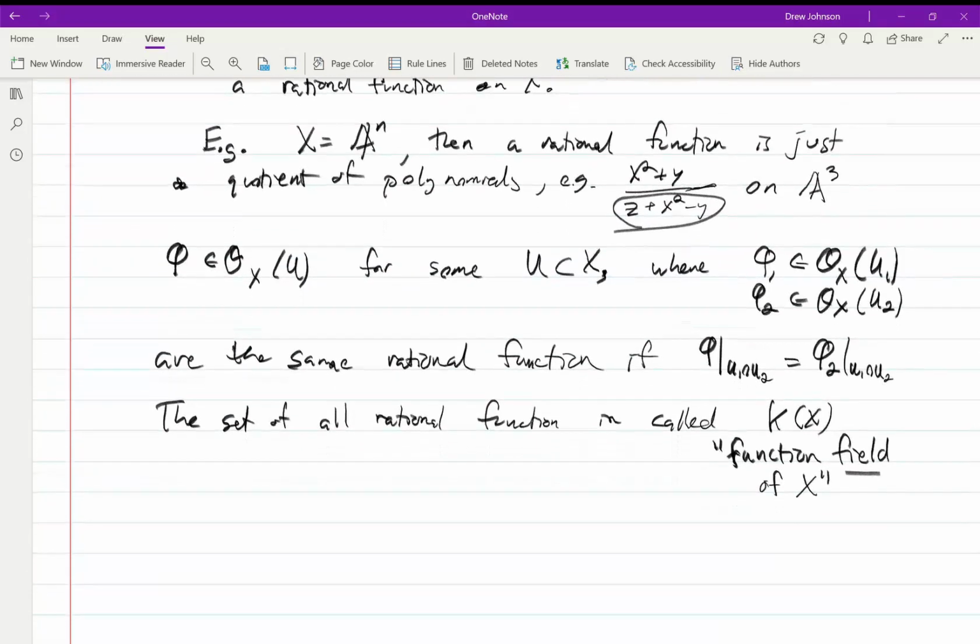Why is that? Well, I think it's easy to see that you can add things. So if you had phi1 plus phi2, you can add them. You probably have to restrict to the intersection.